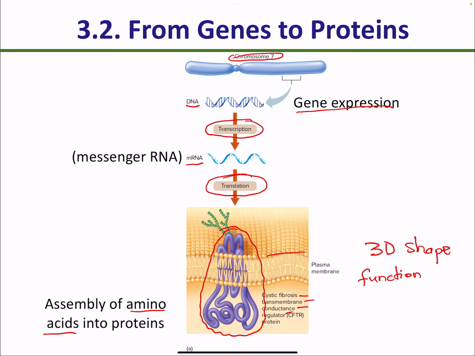So here is the plasma membrane. It's a phospholipid bilayer, okay? And as the protein embeds in the plasma membrane, it's going to form a channel. That channel is the means by which the cell is going to control the movement of chloride ions from the inside to outside and from the outside to inside. So this allows us to control basically a water-salt balance.